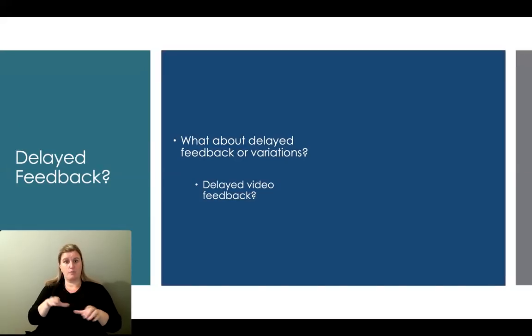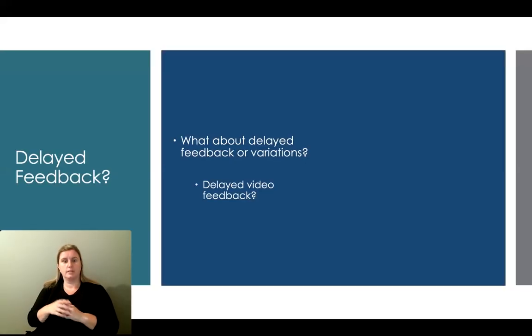So I can take the recording and then watch it later with my peer educator and provide specific feedback. In some cases, it has advantages, such as providing us with an option of delivering feedback specific to a specific performance.